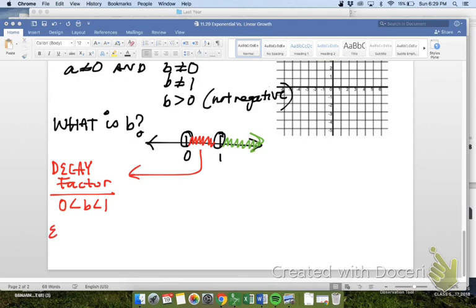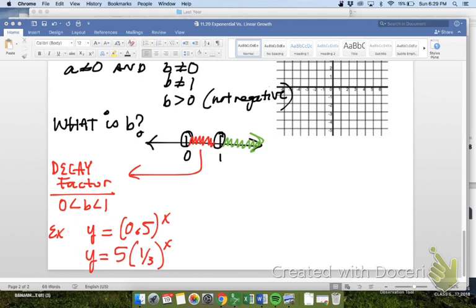And then some examples would be something like y equals 1/2 to the x, or even, actually I'm going to write it as a decimal because you sometimes see these as decimals. You'll see like 0.5 to the x, or y equals 5 times 1/3 to the x. So a could be a whole number, but just not b.